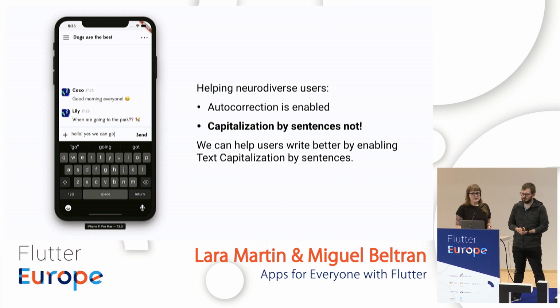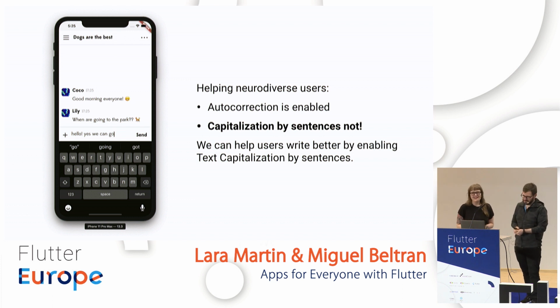When using text fields in general, we can help neurodiverse users by facilitating typing. In Flutter, autocorrection is enabled by default, but sentence capitalization is not. Sentence capitalization means that when the user starts writing, the first character of the word will be uppercase.